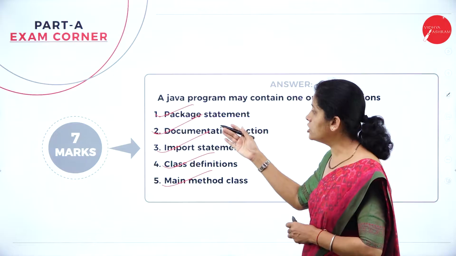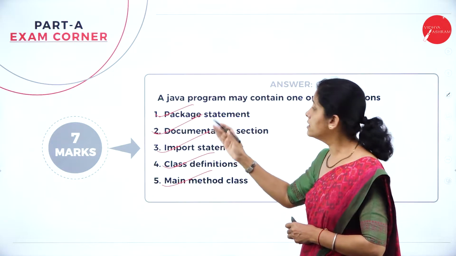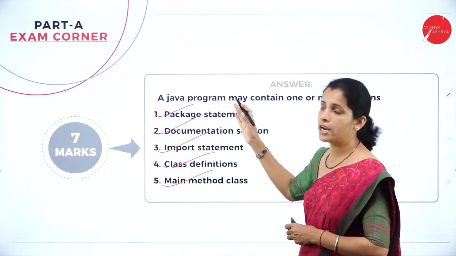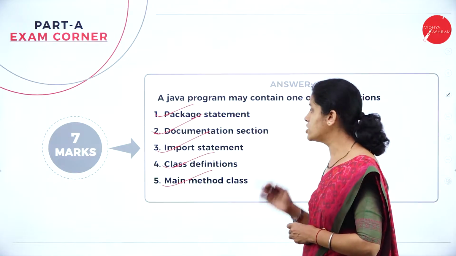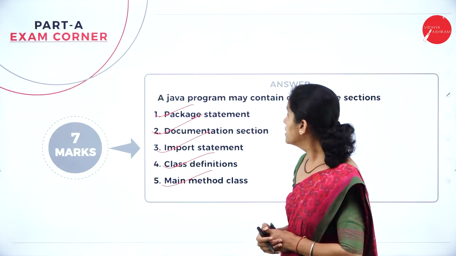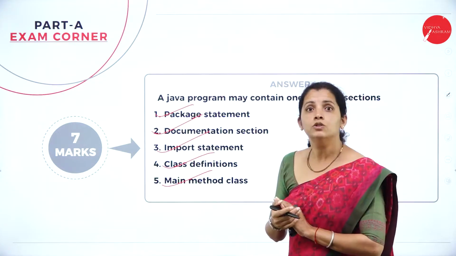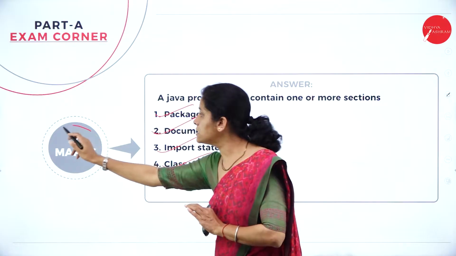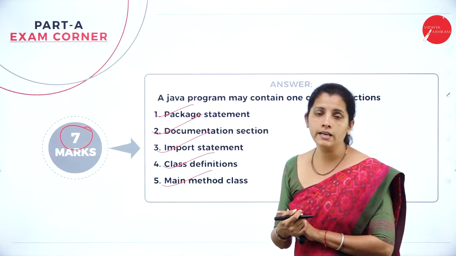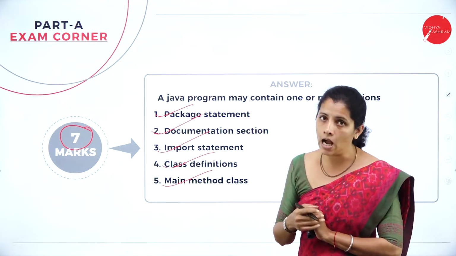So what is the structure? There are 5 parts, that is package statement, documentation section, import section, class definition, main method class. So dear student, it carries 7 marks. For that reason, you have to elaborate the answer.